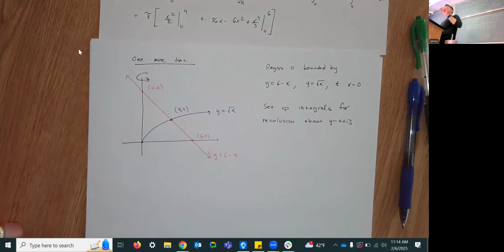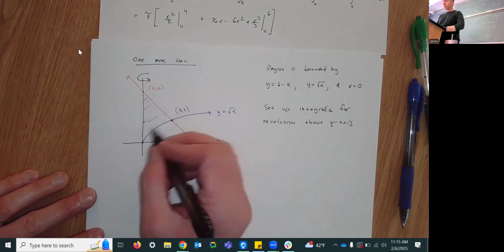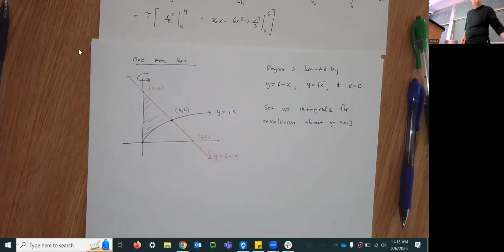I want you to draw your horizontal strips and see that depending on where you draw it, you get a different right-hand boundary function for this region here. I'll give you a few minutes to work on that.